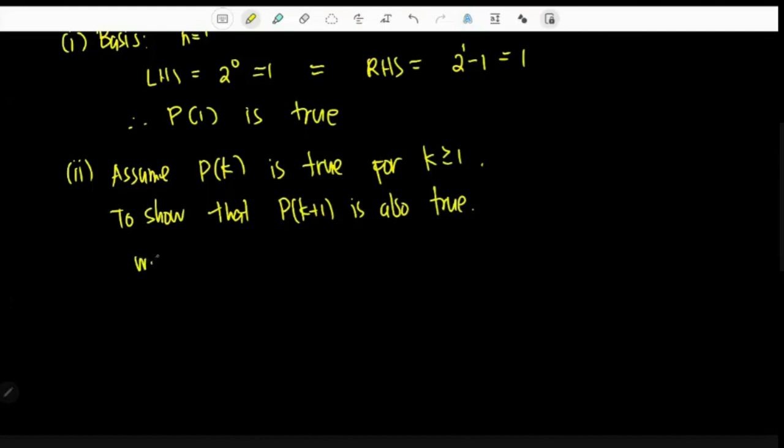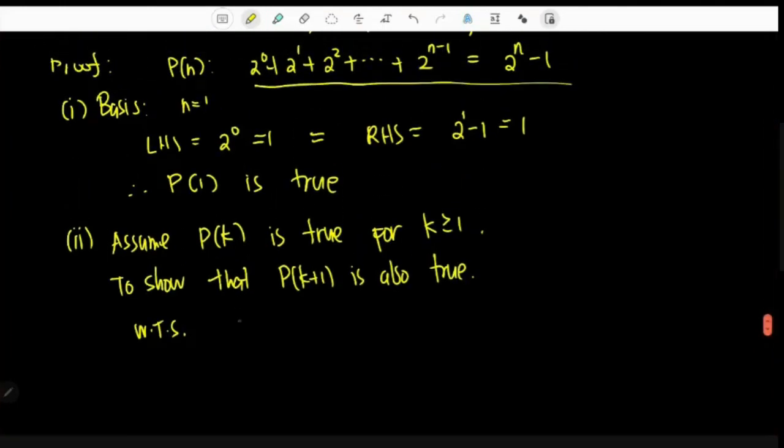We want to show that, what is P of k plus 1? We want to show that 2 to the 0 plus 2 to the 1 plus 2 to the 2 and so on and so forth, up to 2 to the k, should be equal to, by the formula, 2 to the k plus 1 minus 1.